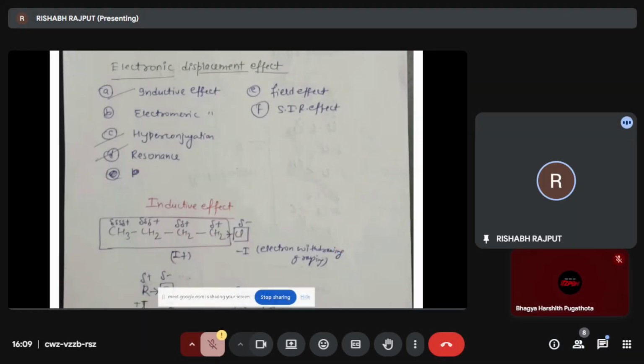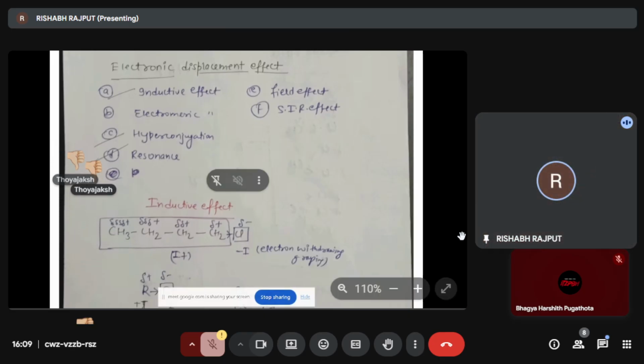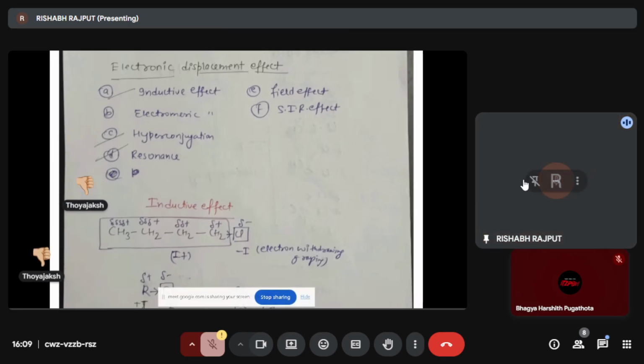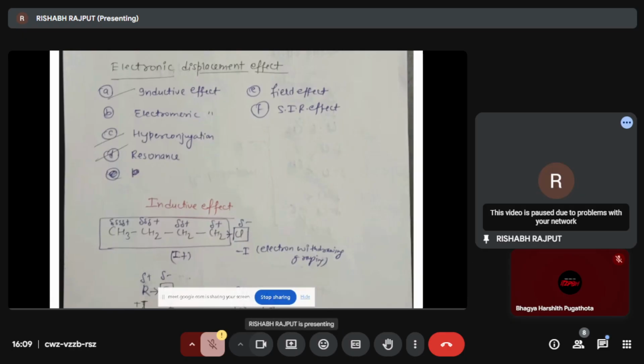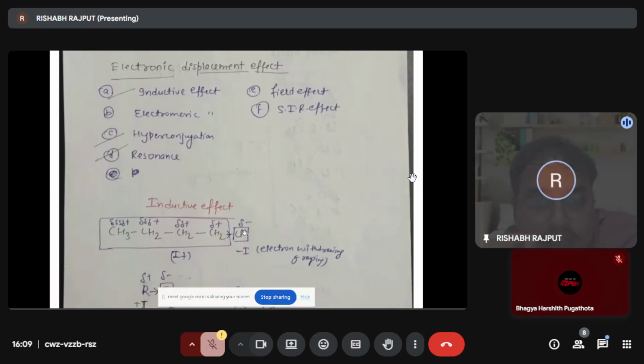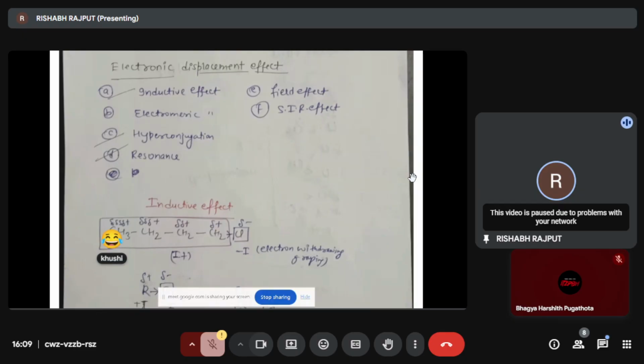So elements that have good electronegative strength will attract the bond pair of electrons towards themselves. It is like this: if you and I have a bond and I am stronger than you, I will attract your electron towards me. That type of thing we call electronegativity.